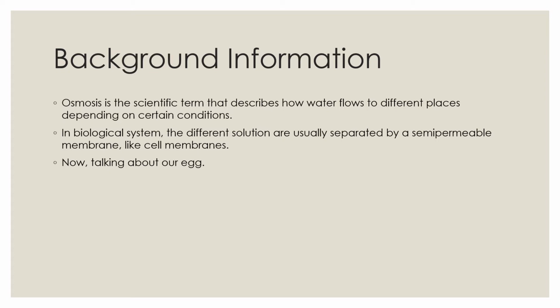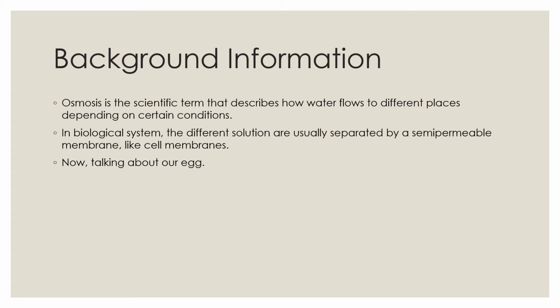In biological systems, the different solutions are usually separated by a semi-permeable membrane, like cell membranes. This acts sort of like a net that keeps solutes trapped, but still allows water to pass through freely. In this way, cells can keep all of their guts contained but still exchange water.